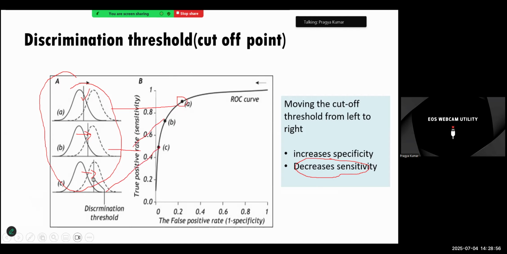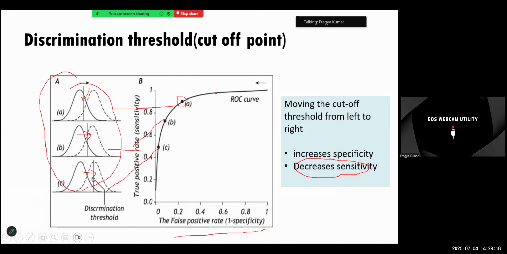So basically, what is the ROC? At each cutoff, you can see here, it draws a 2x2 table and calculates sensitivity and specificity. The graph is plotted between sensitivity on the y-axis and, on the x-axis, 1 minus specificity. And this graph is known as the ROC curve.